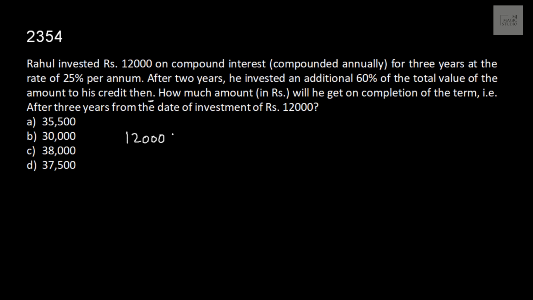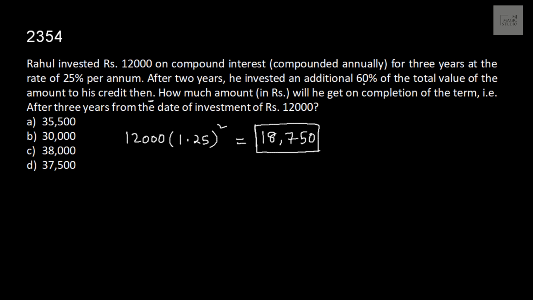After 2 years, that means 12,000 into 1.25 whole square. This will be the amount in his account after 2 years. 12,000 into 1.25 whole square will give 18,750. That is the amount available in his credit after 2 years.